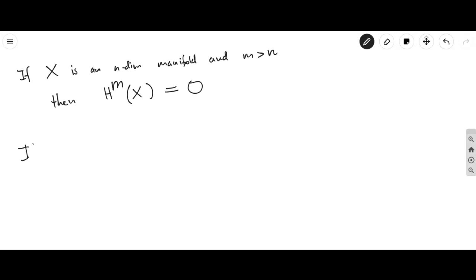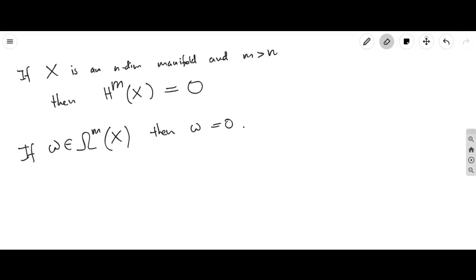Well, if omega is, and you can even forget about the fact that it's in the cohomology, any form of degree m, then such a form must necessarily be 0. So it's not just that the cohomology is 0, all of the forms of degree m must be 0 forms.